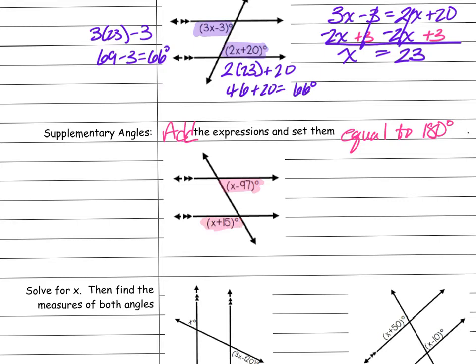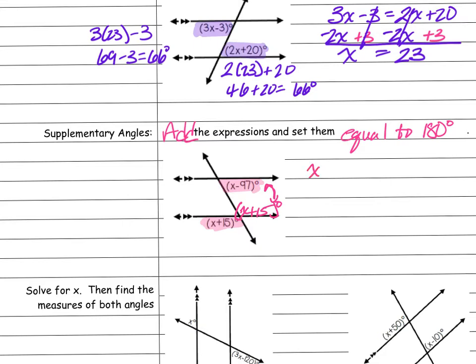Okay, so I need to talk about this one. Well, I know that this angle and this angle, since they're vertical angles, this one is also x plus 15. Okay? And then now these two are same side interior angles, so those are equal to 180 degrees.